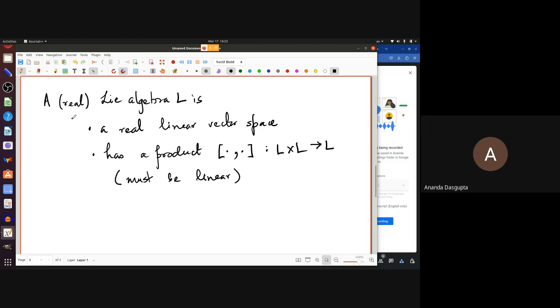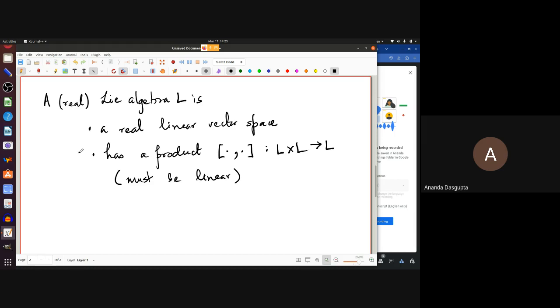Number one. Number two, these tangent vectors form a vector space, right? And they are not a vector space just in the sense that they can be added or subtracted. There's also this additional very important property that you have a product defined on them.